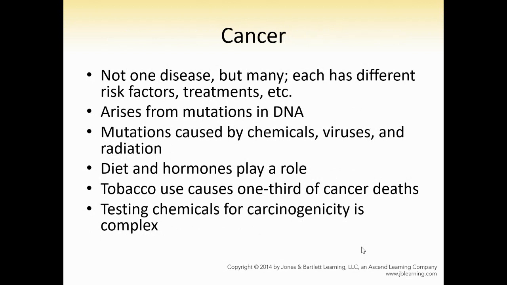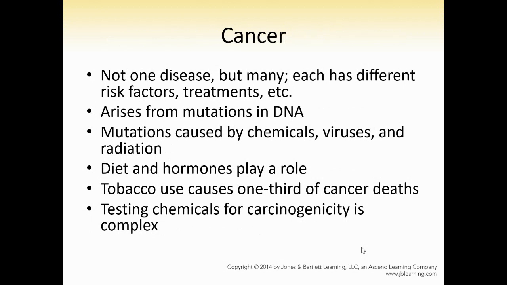Moving on to cancer. Cancer is not one disease, but many. And each different type of cancer has different risk factors, treatments, etc. But all of them arise from mutations in your DNA. And these mutations can be caused by chemicals, viruses, and radiation.